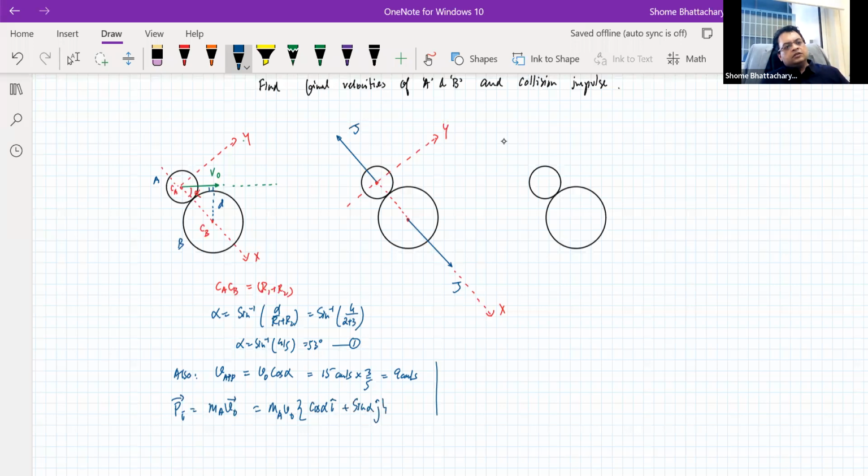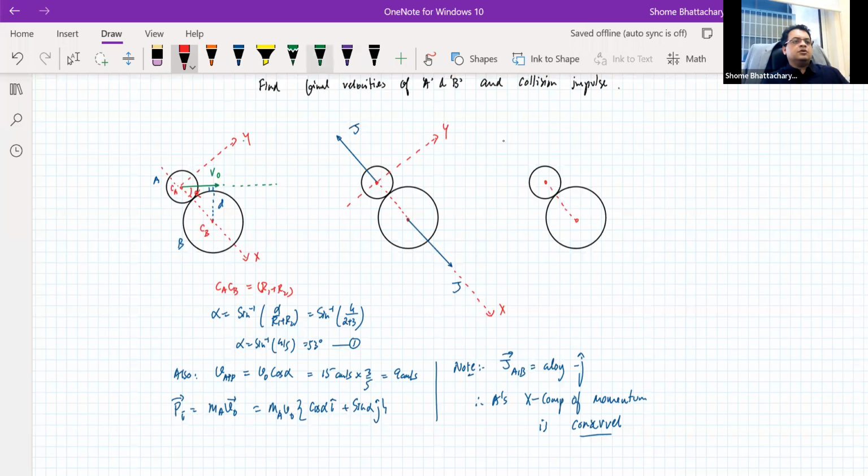Now notice that the impulse acting on A because of B is along minus j cap. Therefore, A's x component of momentum is conserved. That's very important.